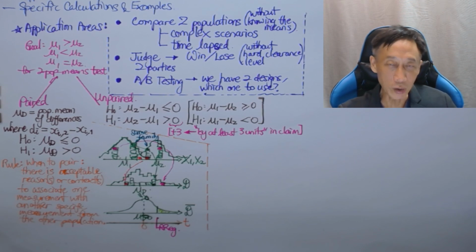So both parents not normal, then you better increase your sample size. You know why, right? Because in one population, we can then use central limit theorem.